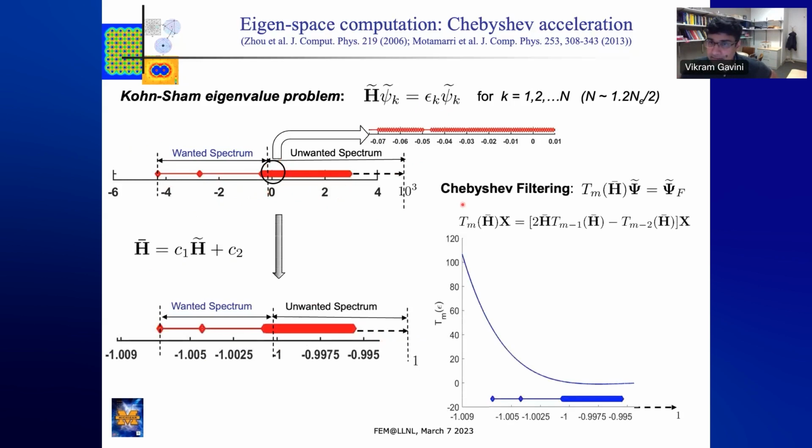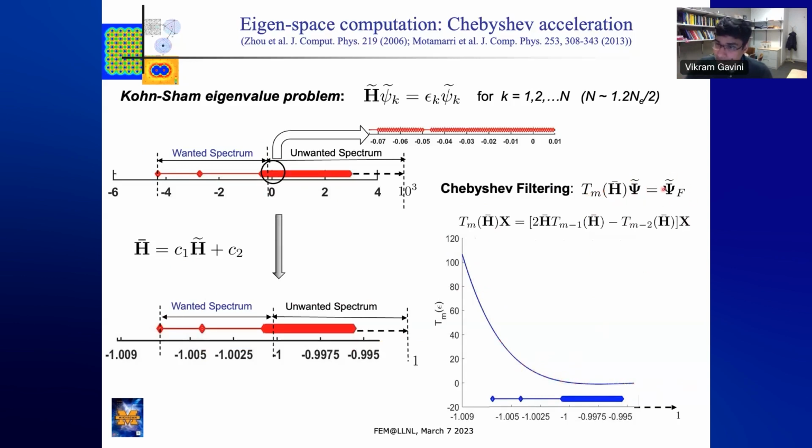The main idea is that if we take a Chebyshev polynomial of the scaled and shifted Hamiltonian, the Chebyshev polynomials have a property that they are pretty much of order 1 between -1 and 1, and then they rapidly grow outside of -1. And when we hit the Chebyshev polynomial filter on a bunch of vectors, what it does is it kills the components along the unwanted spectrum and magnifies the components along the wanted spectrum.